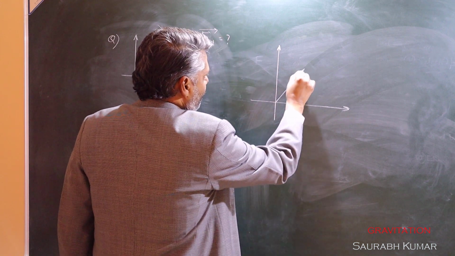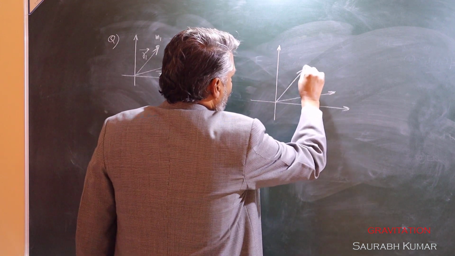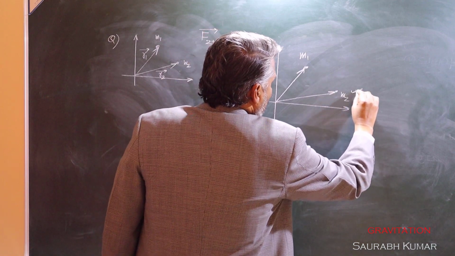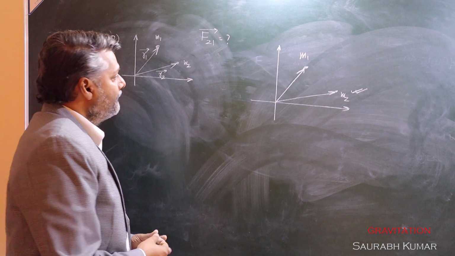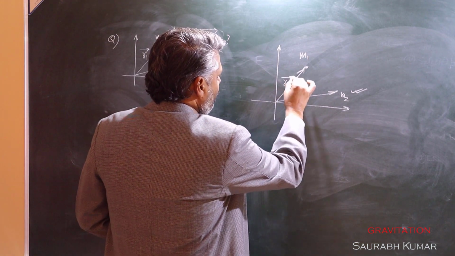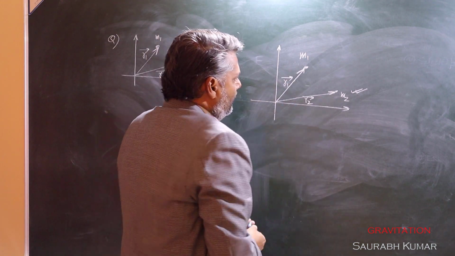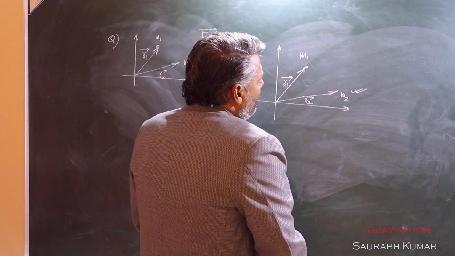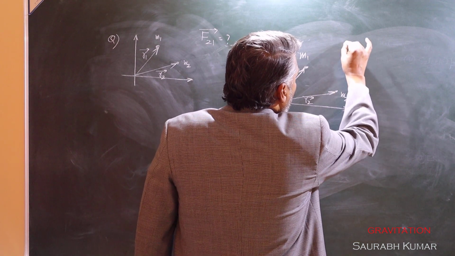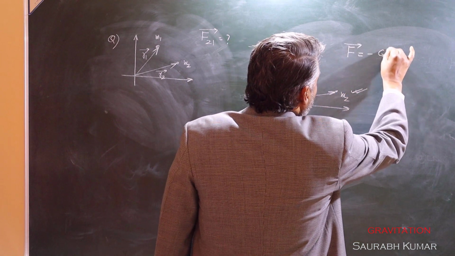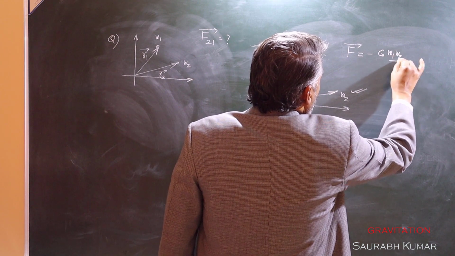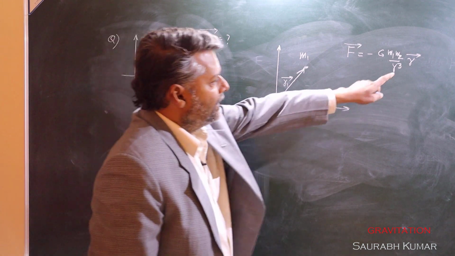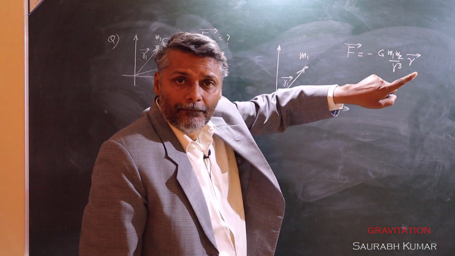To solve this question, let me draw another diagram. M1, M2. This is the selected body, and these position vectors are given. Now we want to involve vector R. The vector formulation that you know is minus G M1 M2 by R cube into vector R. Where should be the tail of this vector R? At the environment.